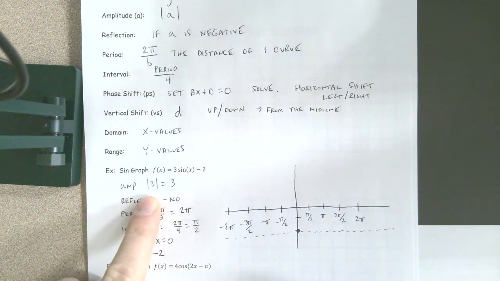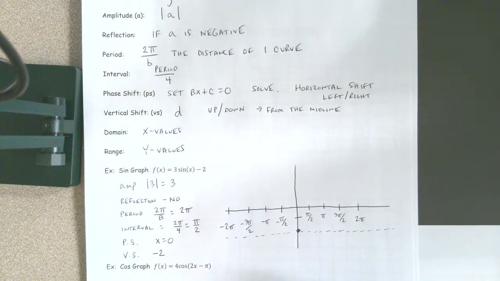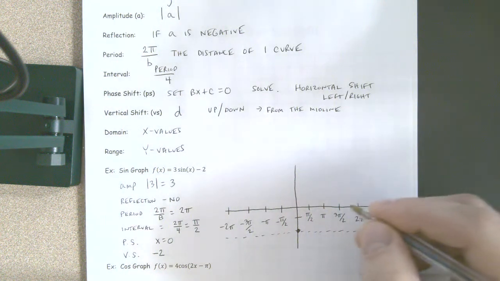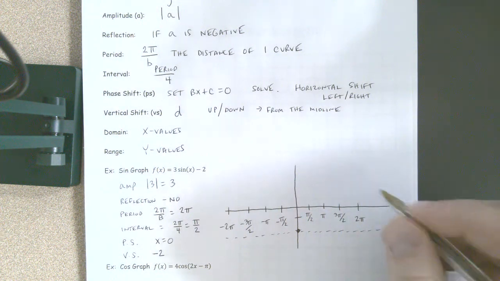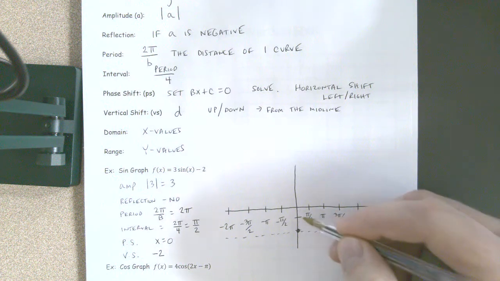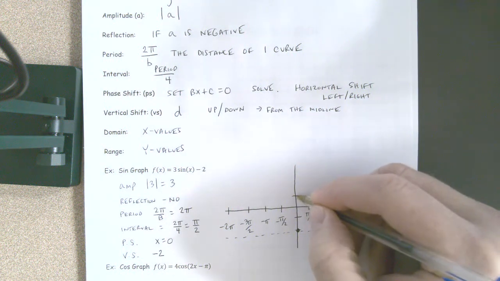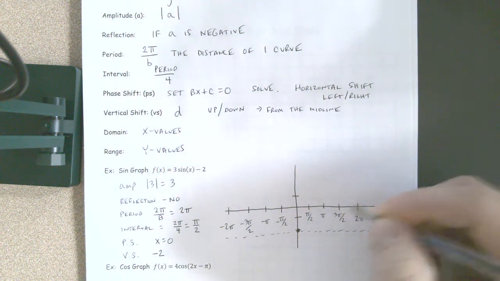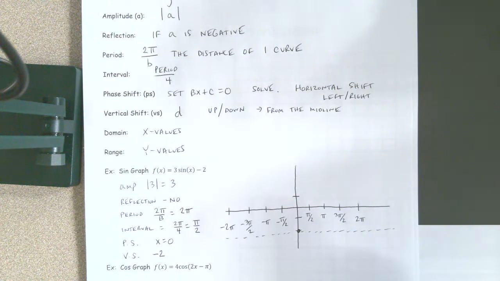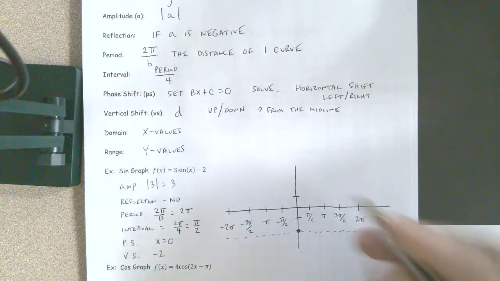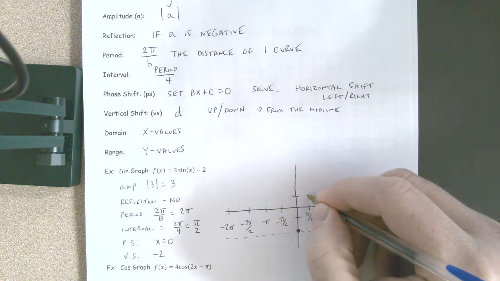My amplitude is 3. Okay, so if my amplitude is 3, I'm going to go up 3 from that point. So 1, 2, 3 is going to take me up to that value. So I'm going to put a point that's going to be the top of my curve.